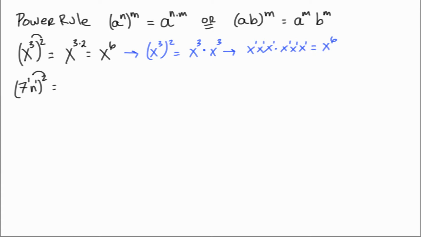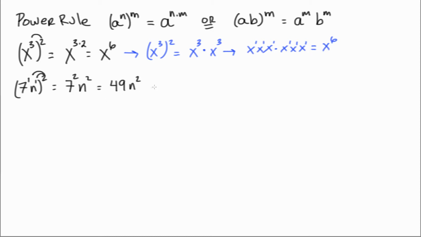So here we go, 2 times 1, 2 times 1, that gives you 7 squared n squared. And the 7 squared, of course, becomes 49 n squared. I put the ones there so we can see the math a little bit more clearly.